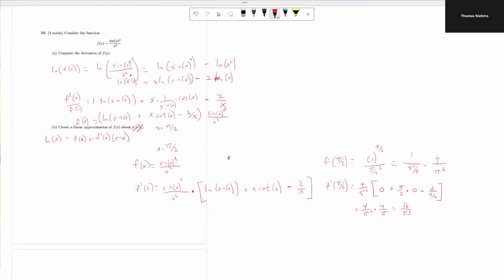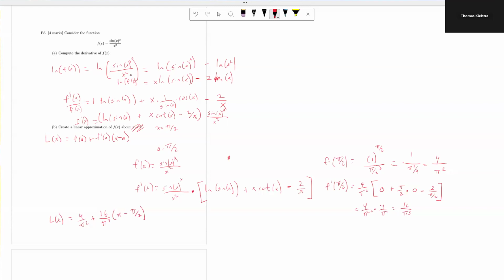So my linear approximation becomes 4 over pi squared plus 16 over pi cubed times x minus pi by 2.